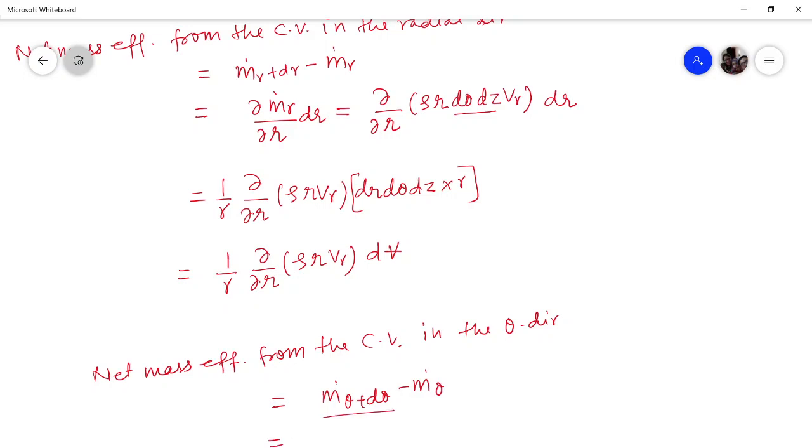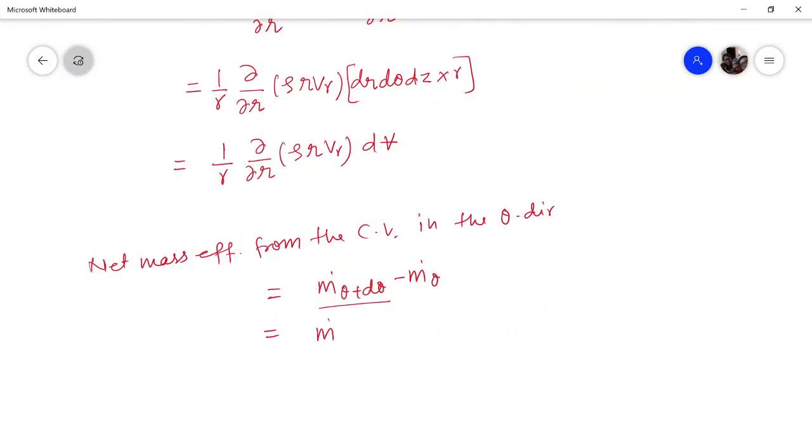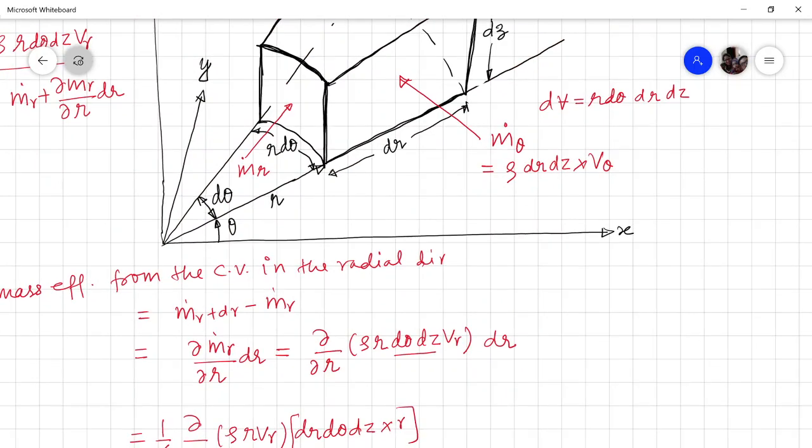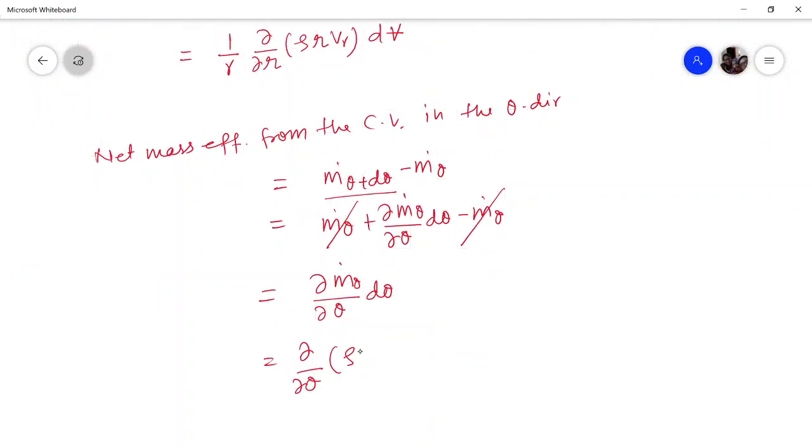Now if you expand this, you will be getting m dot theta plus del m dot theta by del theta d theta minus m dot theta. So this will be getting cancelled out and you are left with del m dot theta by del theta d theta. Now what is m dot theta? M dot theta, as you have seen right now, it is rho dr dz v theta.